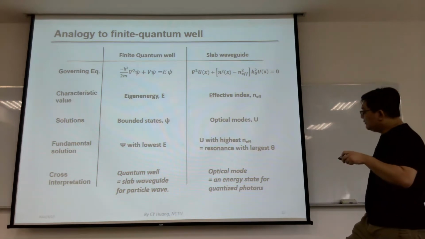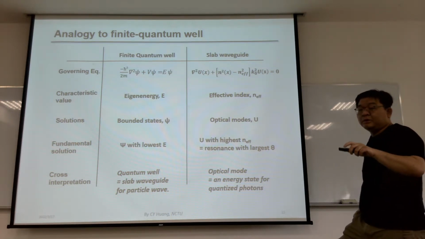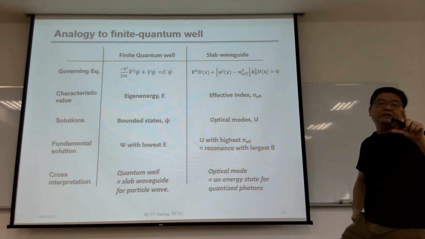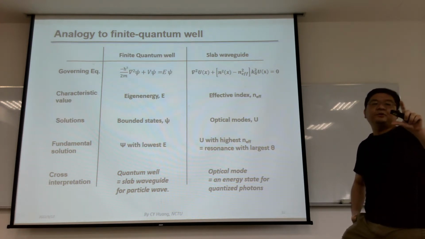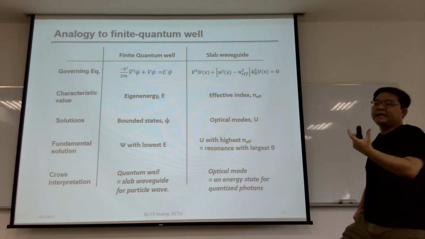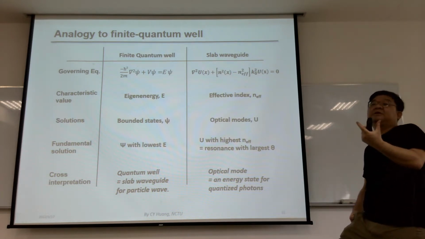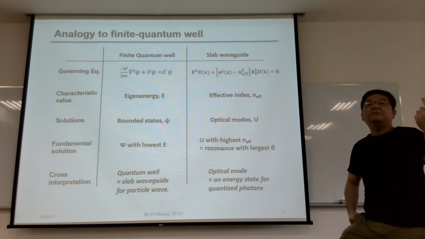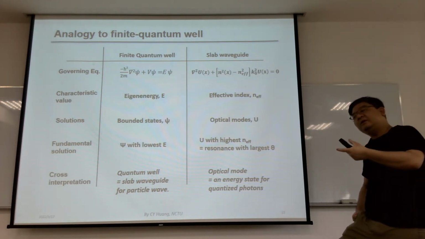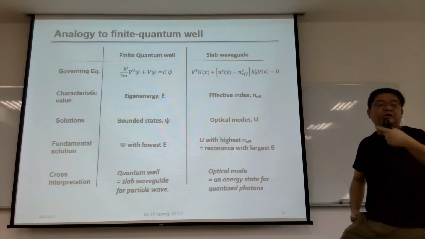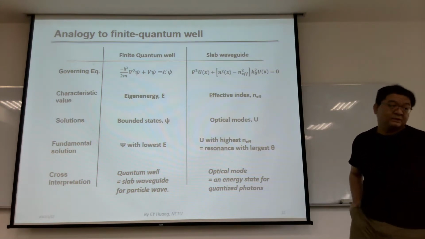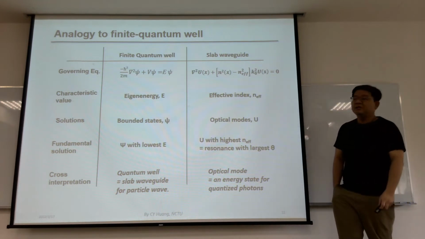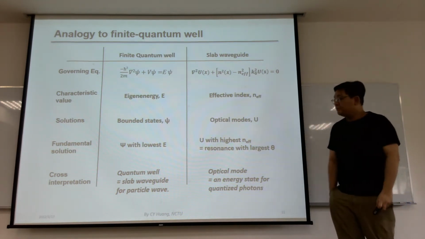If we have an optical mode in the semiconductor cavity, that means a photon with a certain frequency can reside in such a cavity for a long time. So it might have a longer interaction with the materials, and the light-matter interaction will be prominent, very important.